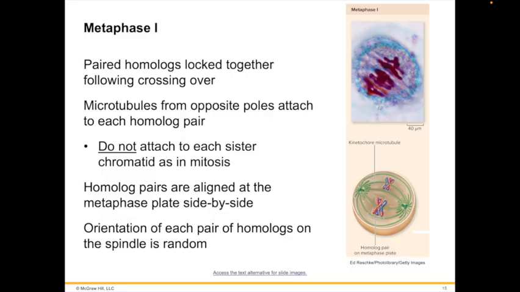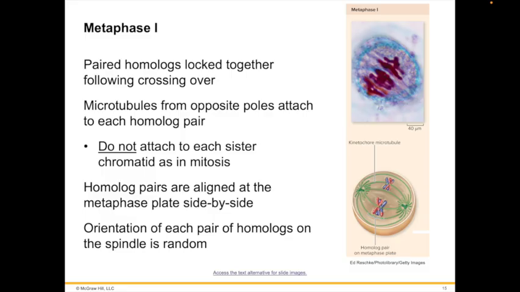The molecular basis of monopolar attachment is not understood. One model with some support is that the centromere kinetochore complex of sister chromatids is compacted during meiosis 1, allowing them to function as a single unit. This monopolar attachment of kinetochores of sister chromatids would be disastrous in mitosis, but it is critical to meiosis 1.